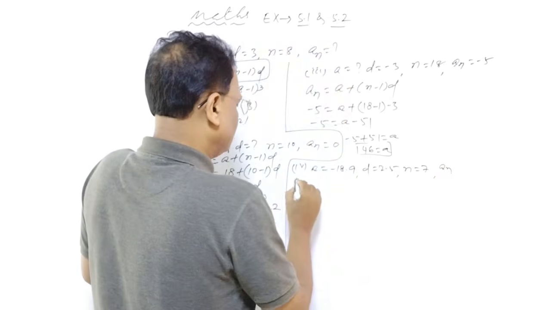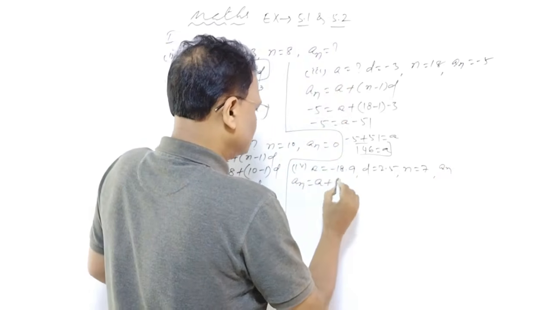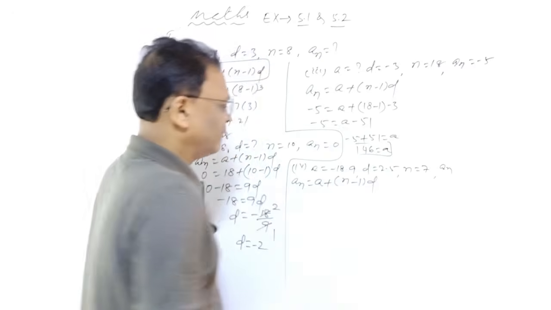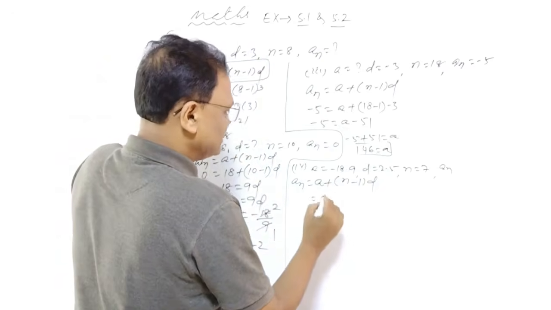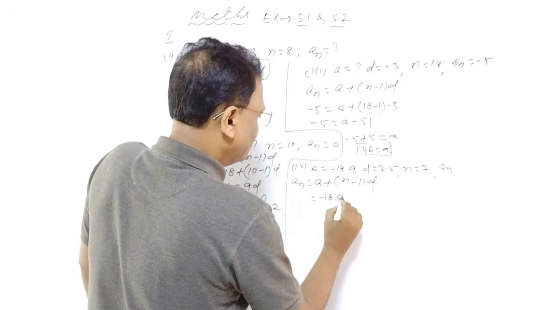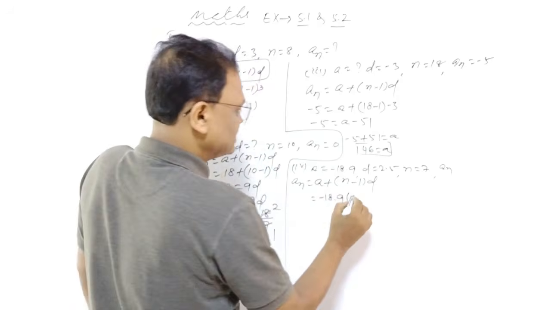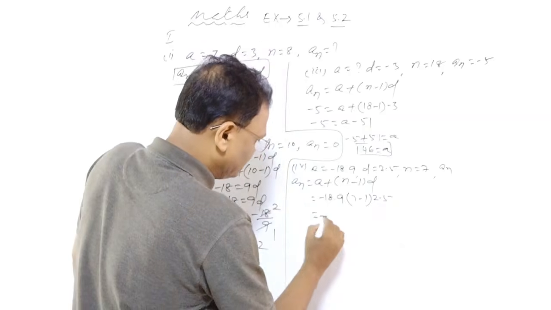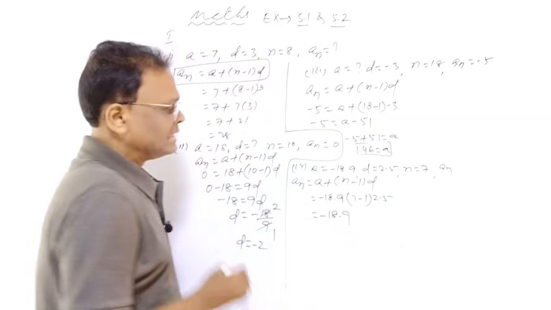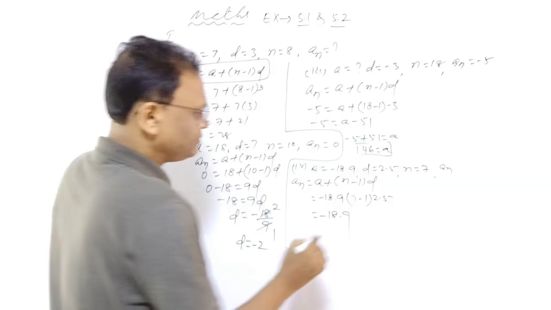Again, A_n is equal to A plus (n minus 1) into D. What is A_n? A_n I have to find. What is A? Minus 18.9, into n minus 1. n is 7, minus 1, into D is 2.5. This gives me minus 18.9 plus 6 into 2.5, since 7 minus 1 is 6.